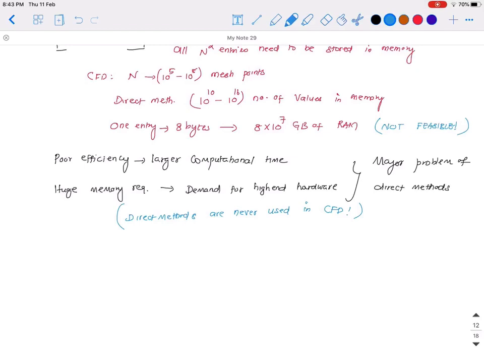That is very clear to you because you are able to perform simulations using your laptop that has just 4 to 8 GB of memory, whereas direct methods require a very huge amount of RAM. I'm not talking about hardware, I'm talking about the RAM.